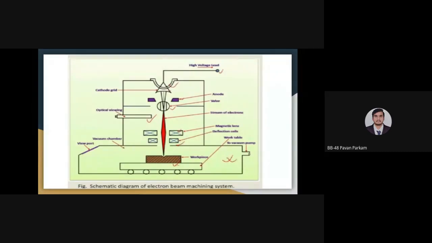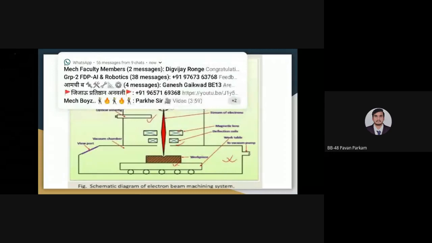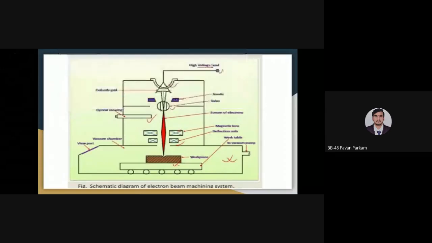So using this high voltage lead, this cathode filament is actually heated up. So this electron beam, or the stream of electrons, is coming outside from your cathode filament, which is made of tungsten. How will electrons be produced?